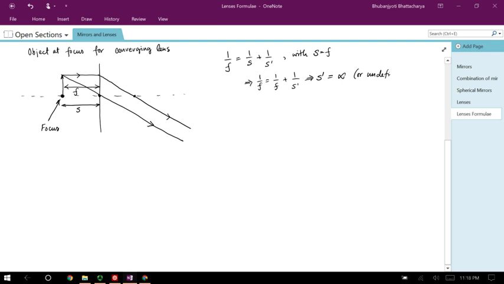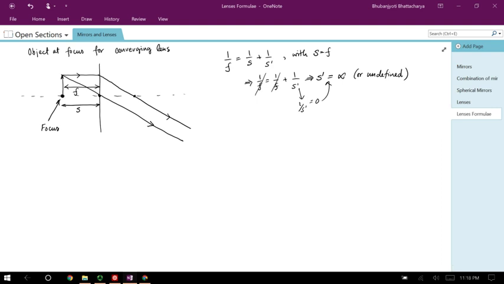How did that happen? Well, this 1 over F canceled, which means 1 over S prime ended up being equal to 0. So S prime is 1 over 0, that would be infinite.